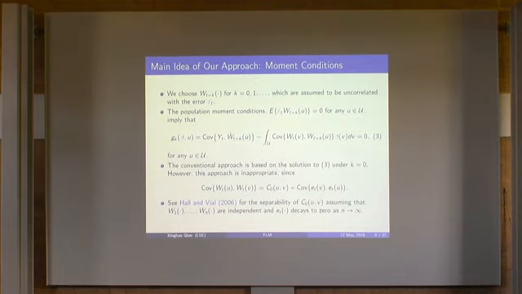So here we have Y, and here we have X beta, but because we make some uncorrelatedness assumptions, we can have this representation.